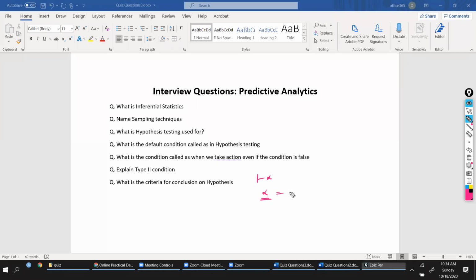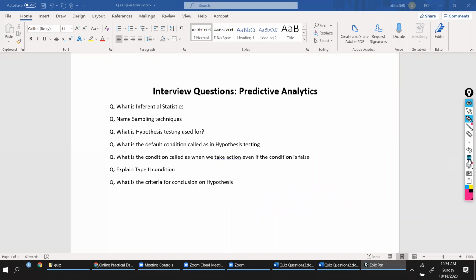Alpha is significance, and this is the criteria we are talking about. This basically says the maximum chance of going wrong, which is accepted. If you go wrong beyond this, then it is not accepted. So the criteria for conclusion is this parameter or this metric, right? We call it level of significance or significance level.